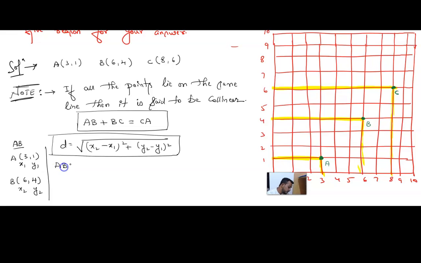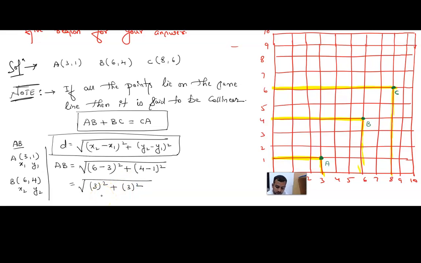So AB is equal to root of x2, the value of x2 is 6, minus x1, that is 3, whole square, plus y2, that is 4, minus y1, that is 1, whole square. So it is equal to root of 6 minus 3, how much? That is 3 whole square, plus 4 minus 1, that is 3 whole square.